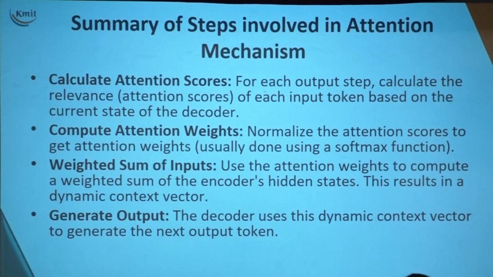Now, the summary, as I told you: calculate attention scores, second compute attention weights, then the weighted sum of inputs and then outputs. I am not diving much into detail. This will be covered when we teach you transformers, meaning how this context vector will be used and then decoded. So I am just leaving it here.